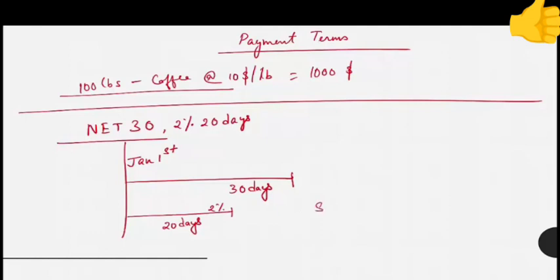So out of 1,000, you only need to pay $980 because the $20, which is 2% of 1,000, is given as a cash discount. So this is payment terms.